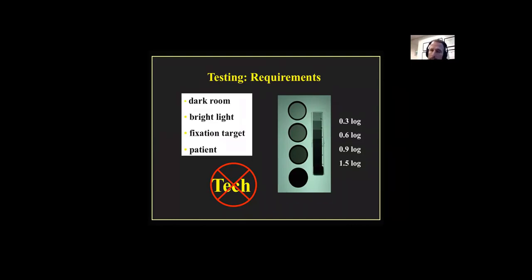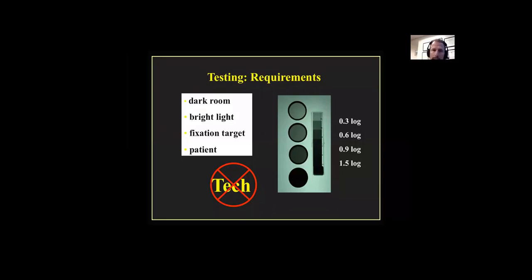In other words, you increase the strength of the filter until you no longer see a relative afferent pupillary defect. And when you do that, you simply read off the strength, and it's usually expressed in log units. So 1 log would be 10 times less light. So in this way, you can measure.